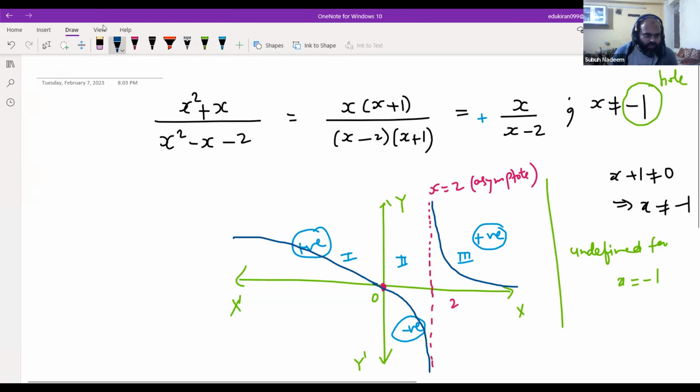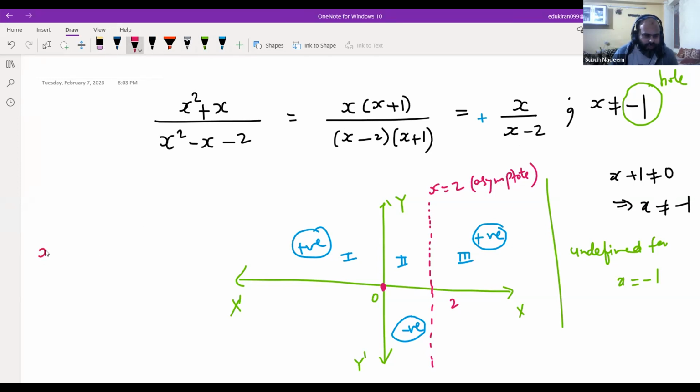One second, one more thing is there. There is a horizontal asymptote also. So before drawing this, we have to see the horizontal asymptote also. Here x is positive, then 2, then negative, then 0, then positive, this is fine.